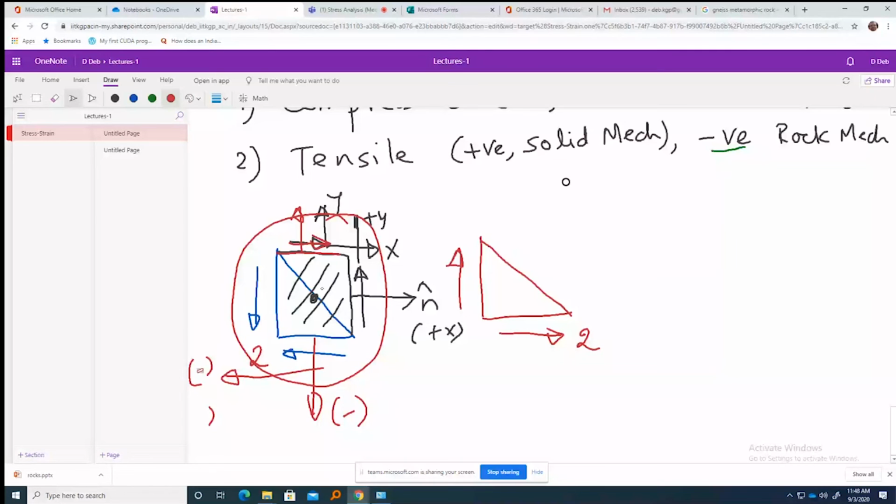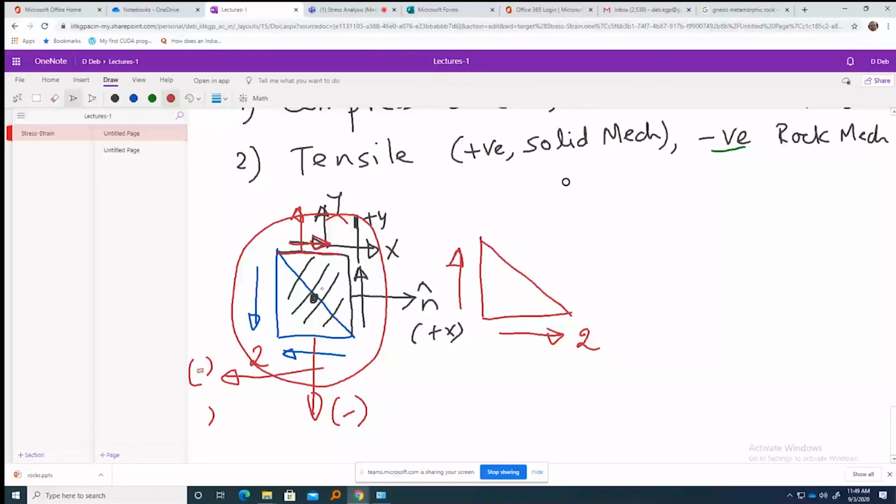So in solid mechanics, if they give you 2, you will write positive 2 in the equation. But in rock mechanics it is just the reverse. This will become a negative configuration. So just remember one configuration, that's it.